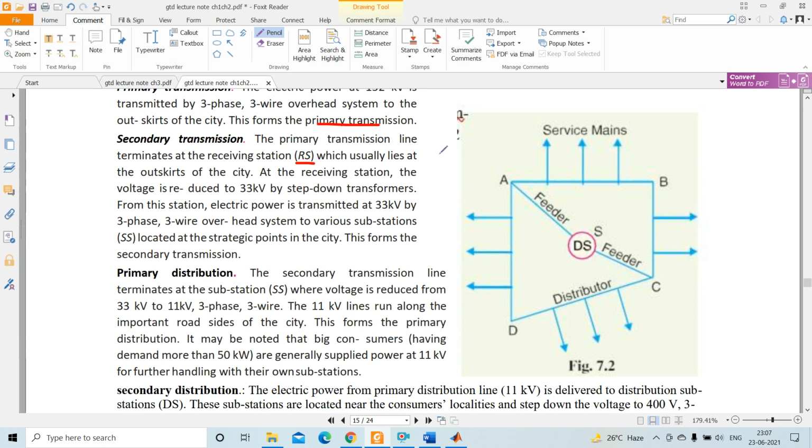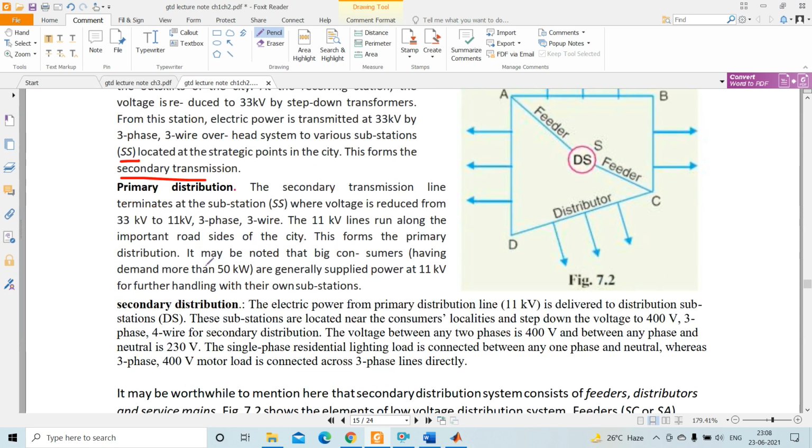At the receiving station, the voltage is reduced to 33 kV by a step-down transformer, and from this receiving station electric power is transmitted at 33 kV by a three-phase, three-wire overhead system to various substations, represented by SS, located at strategic points in the city. This forms the secondary transmission.